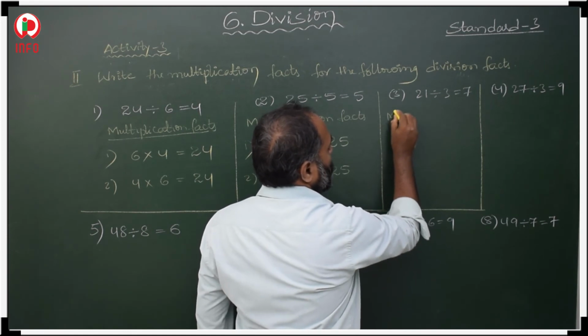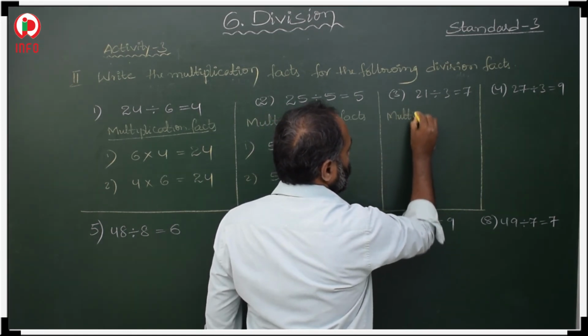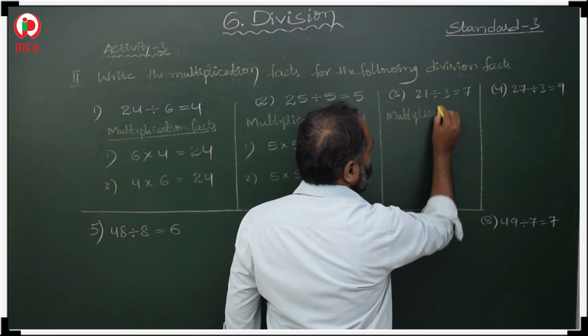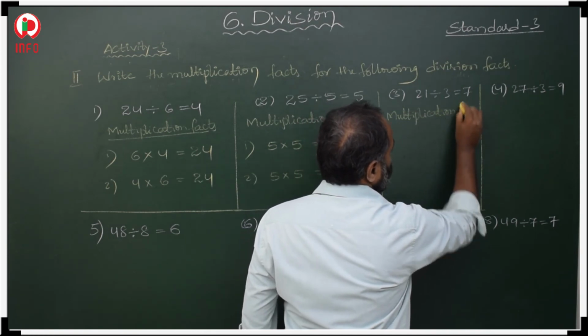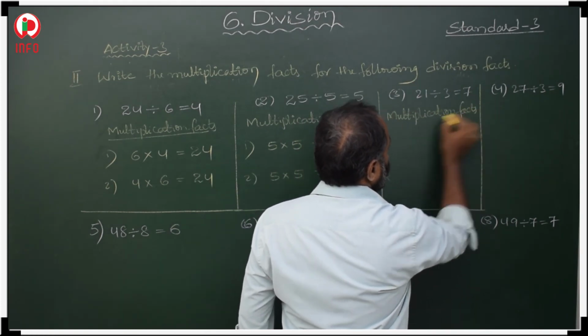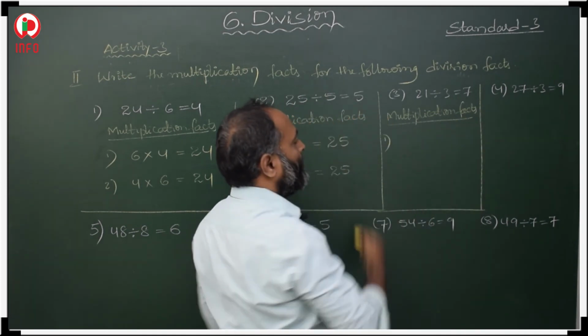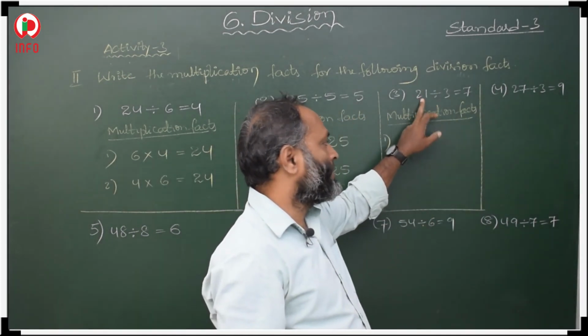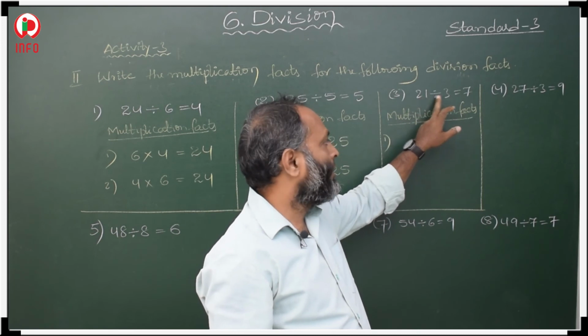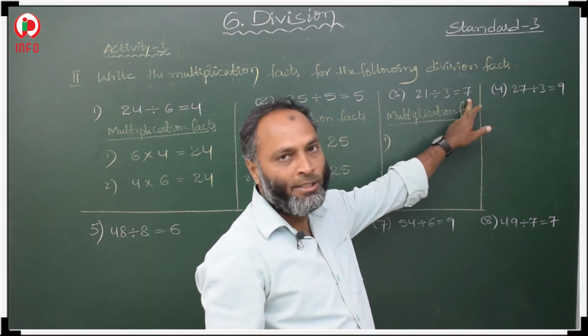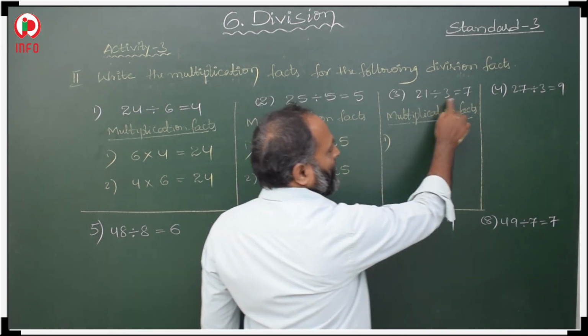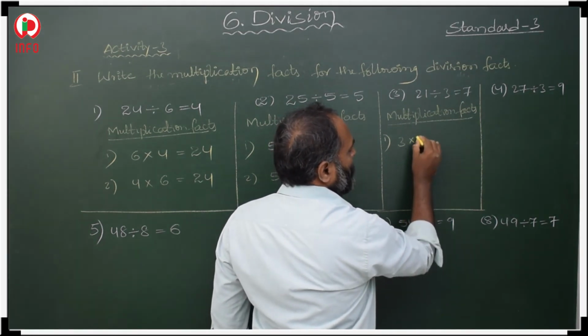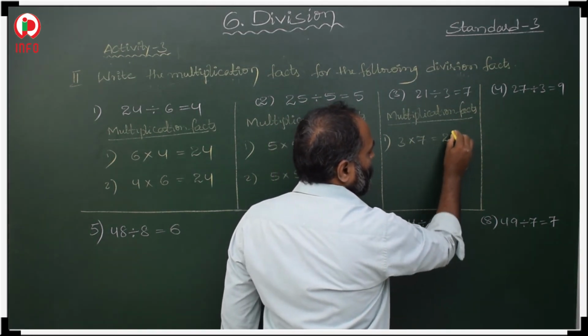Multiplication facts. What are the multiplication facts? Dividend, divisor and quotient. Divisor into quotient, 3 into 7, 3 into 7 is equal to 21.